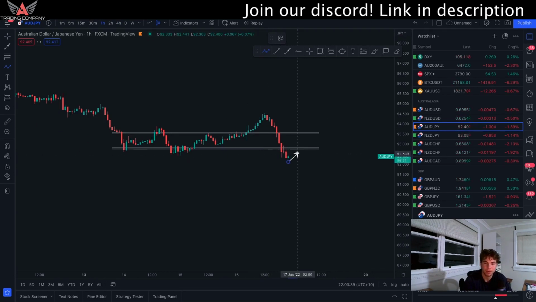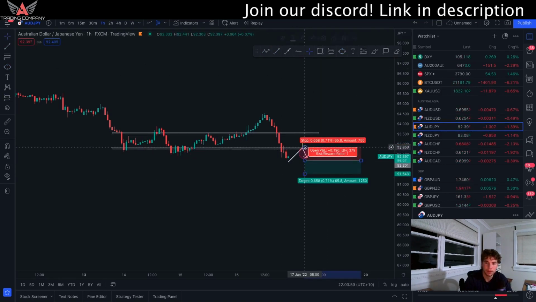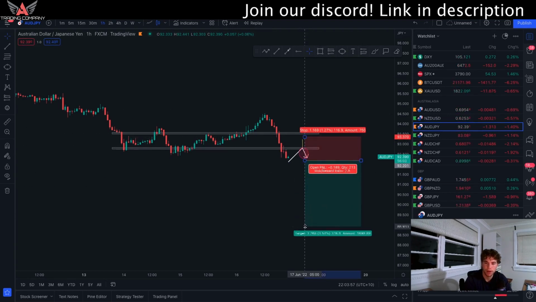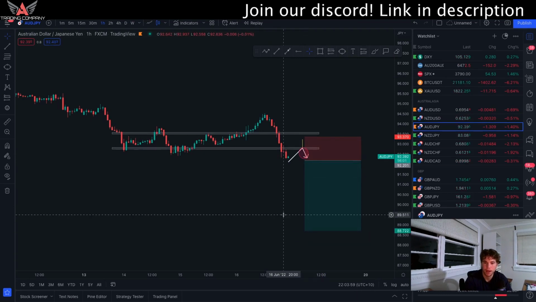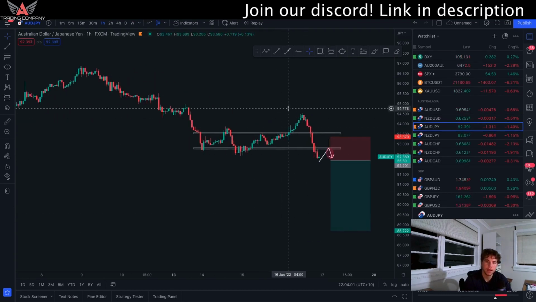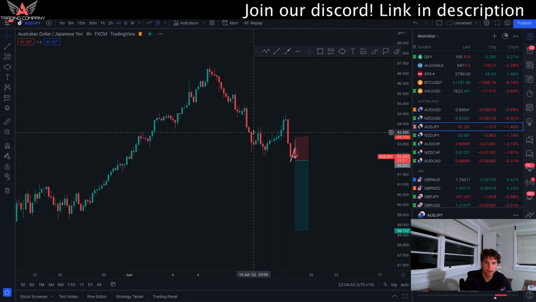Same thing, I just want to see this 1H push back to this level, create those wick rejections, and then I want to see again a nice bearish engulfing candle for me to enter on. I usually enter with a sell stop below that engulfing candle, stop loss above the highs, above the structure, and then we take that 1 to 3. Okay, so you can just see we're just peaking the trend.